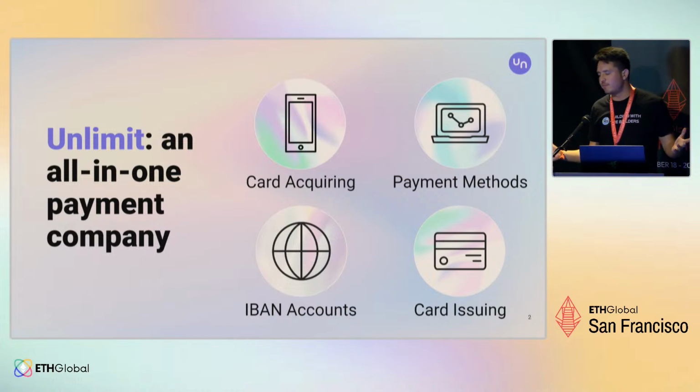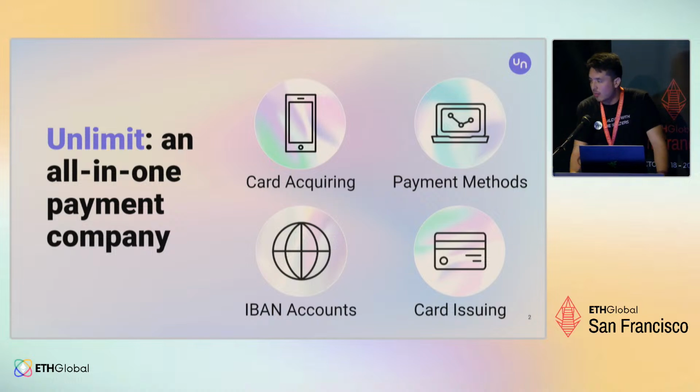As a legacy company, we hold acquiring licenses across Europe, Mexico, Brazil, also Hong Kong, and more than 5 pending. We offer payment methods in our traditional services, so we are trying to leverage those payment methods as well here in the ecosystem.